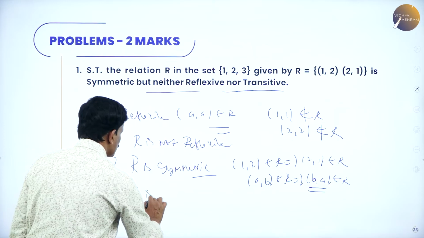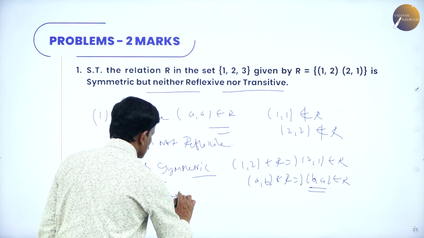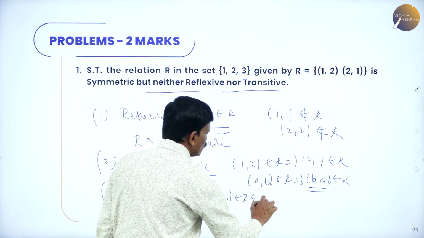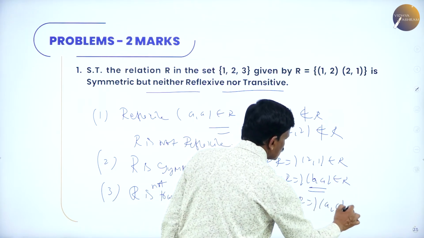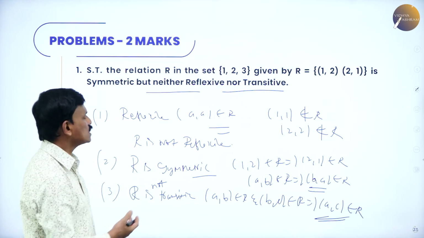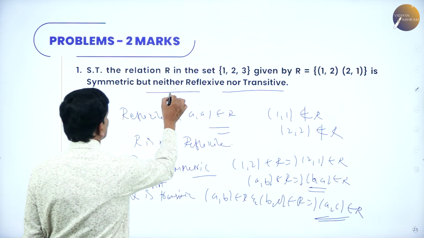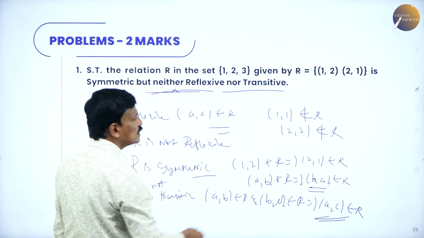R is not transitive because (a,b) belongs to R and (b,c) belongs to R does not imply (a,c) belongs to R. Therefore this is not transitive. So it is symmetric, but neither reflexive nor transitive.